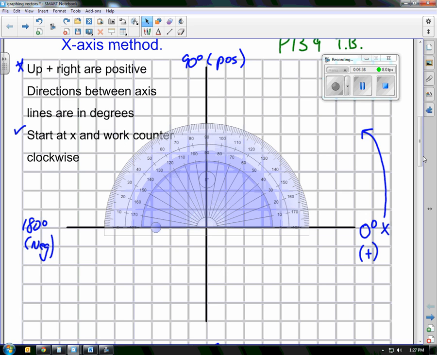Now we're looking for a 30-degree mark. And if you remember the x-axis, you start at 0 and work counterclockwise. So what you would simply do then is take your pencil and find the 30-degree mark. Oops, looks like my smart board's out just a little bit. Let me get rid of that one.